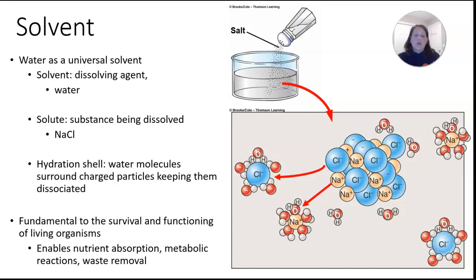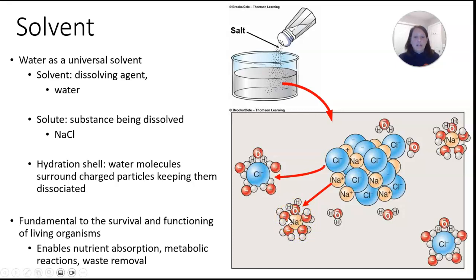And so the partially charged regions of the water molecule will be attracted to and will hydrogen bond with these different ions. Okay, so the partially charged regions here, these partially positive hydrogens, will associate with this fully negative chloride, and these partially negatively charged oxygens will associate with this positively charged sodium.